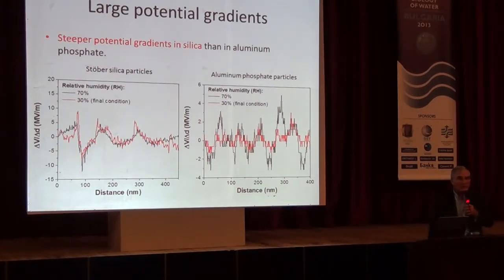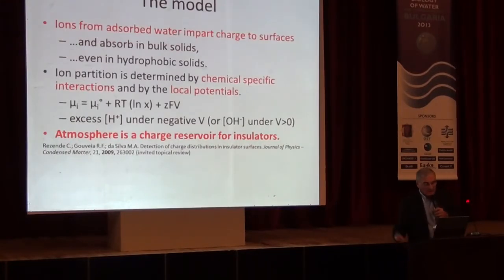Because these potential gradients can reach the megavolt per meter range. So they are very powerful, and that's something that had been previously advanced by some people as an assumption, not really as a proof. And of course, these gradients also change with relative humidity.